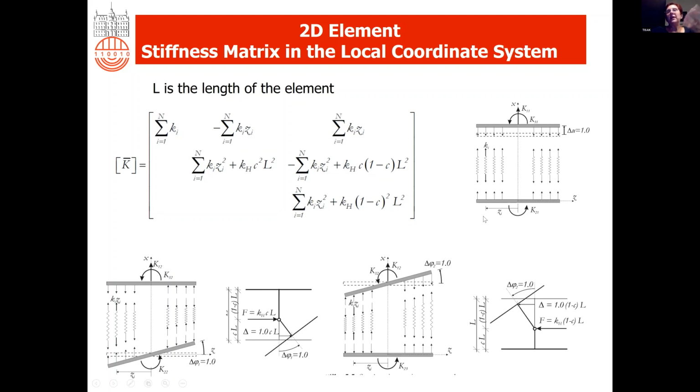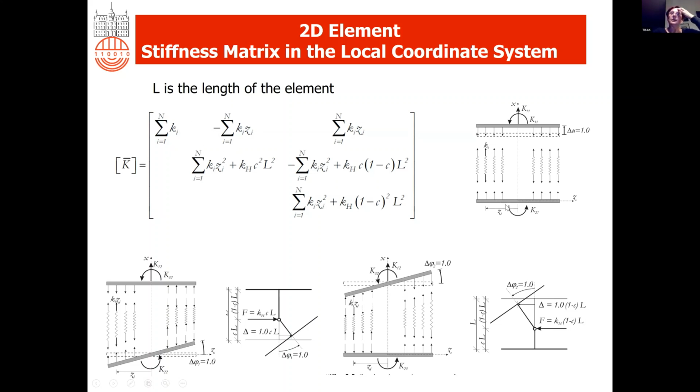So in this way, the stiffness matrix is derived based on its definition. For example, if we move these springs uniformly by one in the direction of the wall, then the forces in each spring are the same, equal to the axial stiffness of the spring, and the sum of these forces represents the first element in the matrix.